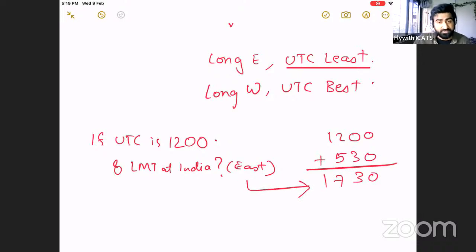And it stands true with this rhyming phrase, longitude or a meridian east, UTC least. It really makes it very easy. Anybody who wants to use this rhyming sentence, you can use it if you are ever confused whether the eastern meridians will have a time ahead of UTC or the western meridians.